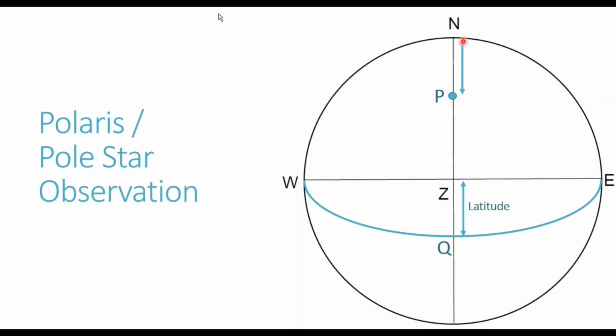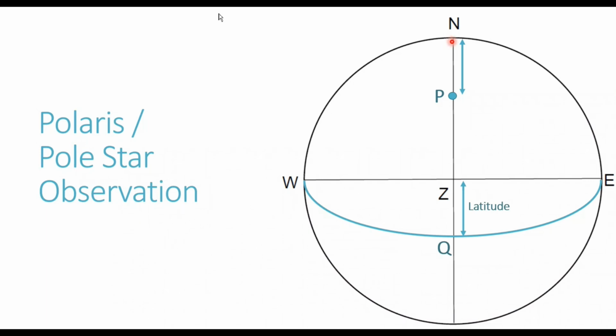This arc N to P is basically the altitude of the pole, or it is also known as the elevation of the pole. You see, N point is on the horizon, P is the celestial pole, so N to P marks the arc of the vertical circle contained between the pole and the horizon. This is the definition of altitude. So NP is the altitude of the pole, also called the elevation of the pole.